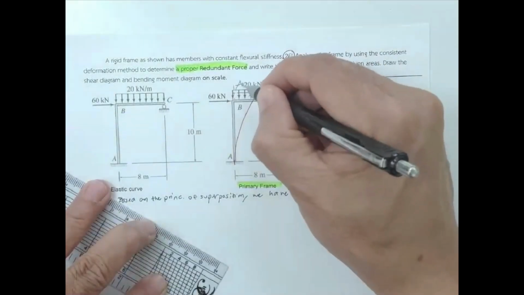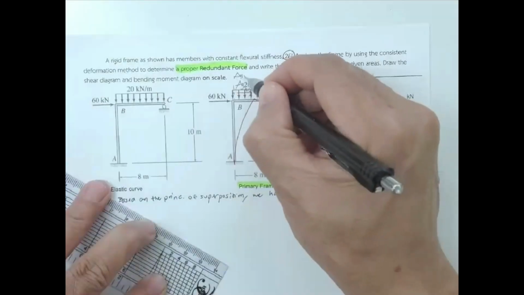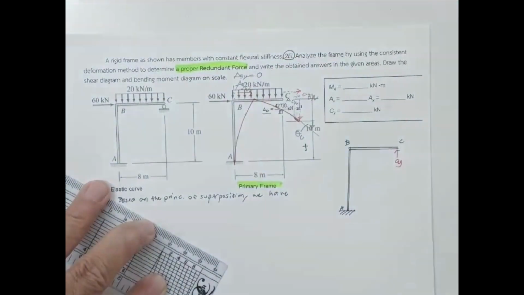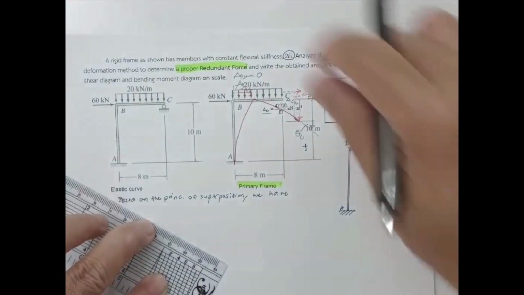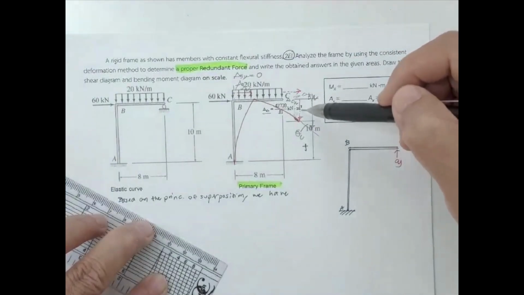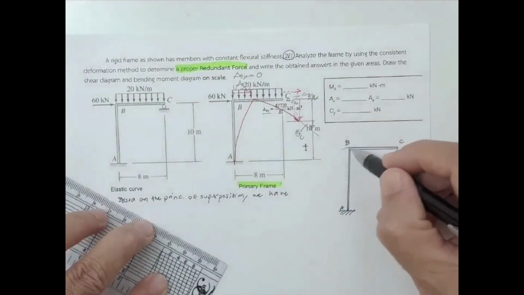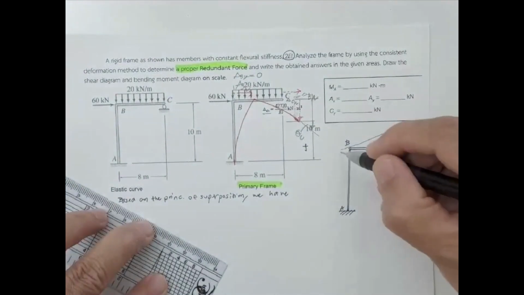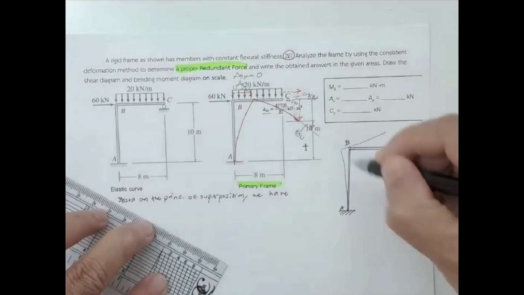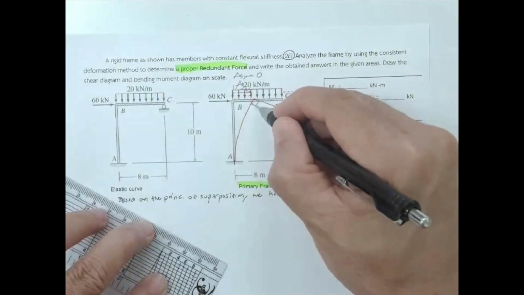This is delta sub BH, and delta sub BV is going to be 0. You don't need to write this in pencil, but this one is required. Based on this, it's going to move up. Following this, it's supposed to move like this, and then this one should have this kind of elastic curve.